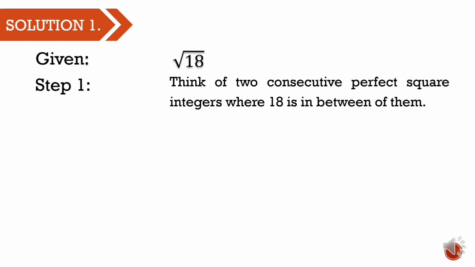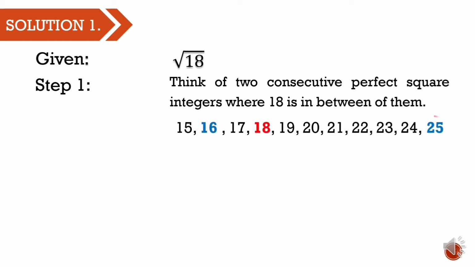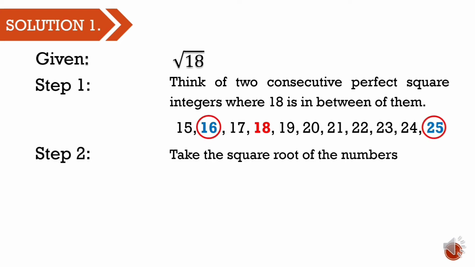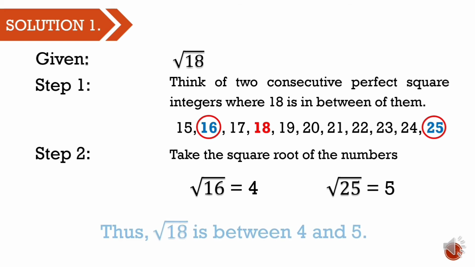Then by means of your list of perfect square numbers or using your calculator, you can find that 25 and 16 are the perfect square numbers. Then step number 2, we need to take the square root of those numbers. So the square root of 16 is 4, and the square root of 25 is 5. So the answer is the square root of 18 is between 4 and 5.